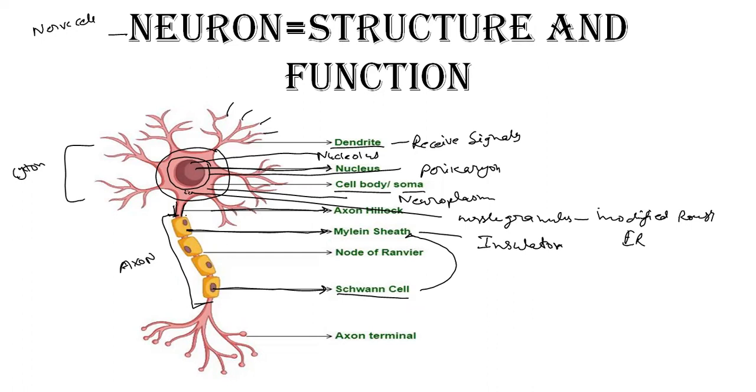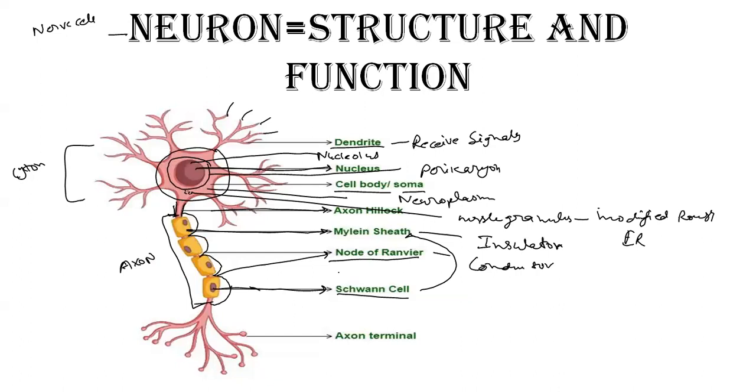Conduction of nerve impulses takes place by jumping through these gaps. You can see these gaps between the myelin sheath. These gaps are known as nodes of Ranvier. Because the myelin sheath is absent here, it works as a conductor.